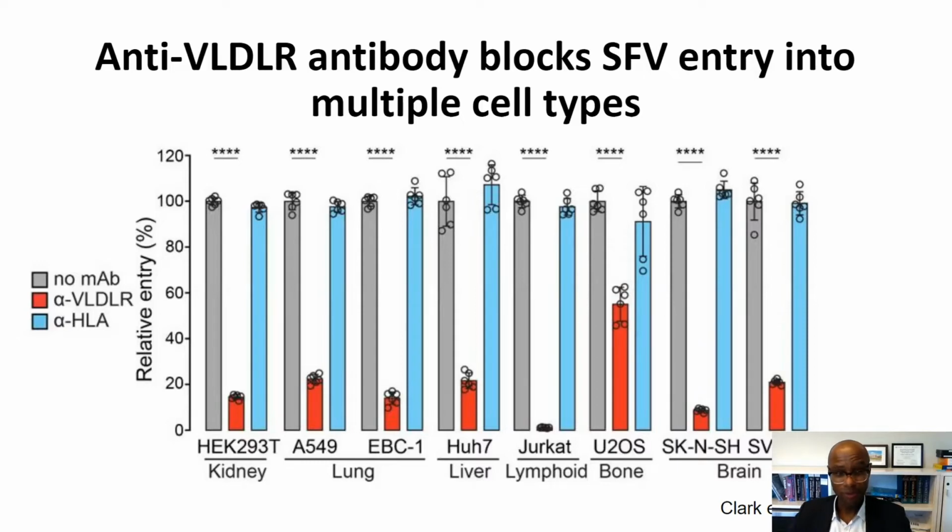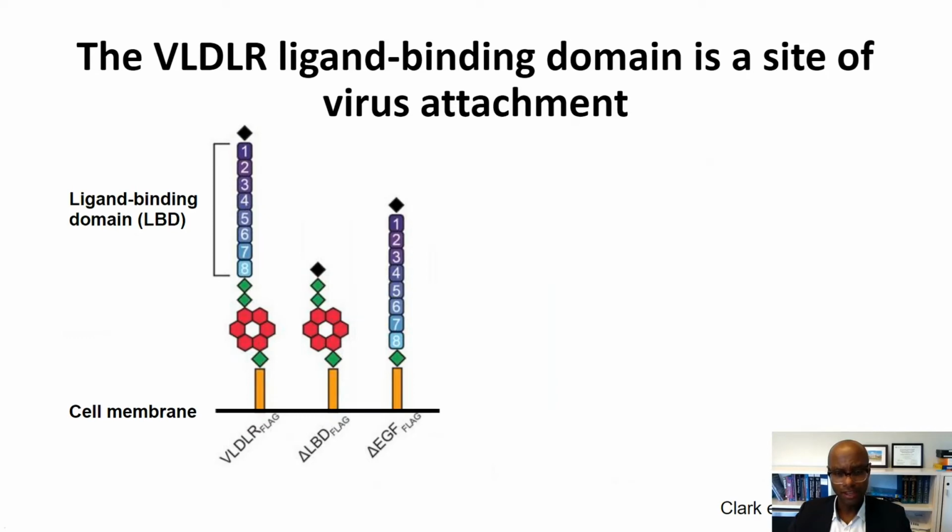And so the next set of experiments we wanted to do was to define exactly where the virus might be attaching onto the receptor. And so the receptor is organized, again, as a type 1 transmembrane protein. I'm not showing here the cytoplasmic tail, but it would be below the cell membrane here.